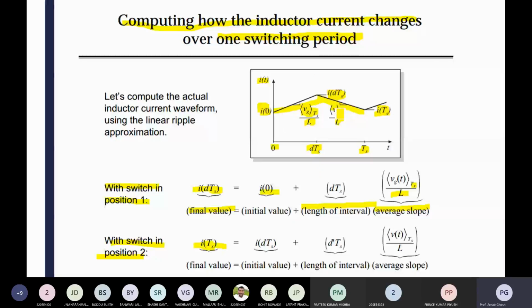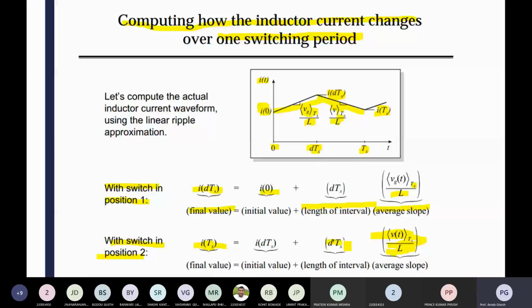M is your off time switching slope, V, meaning output voltage, averaged over the switching period Ts. Not instant, it will be over the switching period. That is VTs by L, so V over the cycle Ts by L is there.